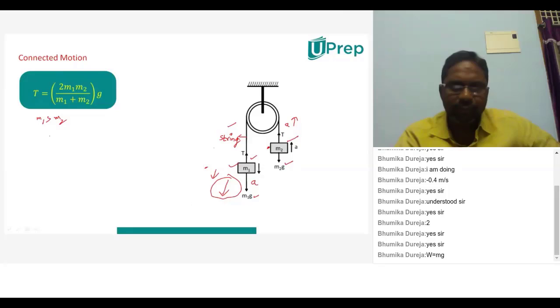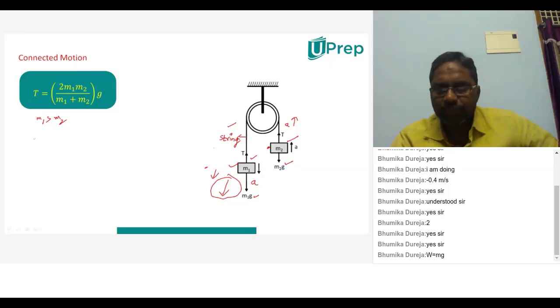So let me find first on the first mass. On the first mass, how many forces are acting? Let me say like this: the net force F on the first object will be equal to M1G acting downward and T acting upward, and maybe you know that this particular first object is moving downward.